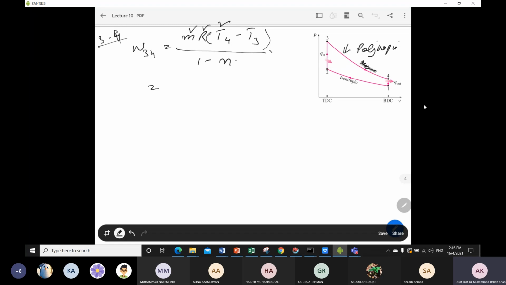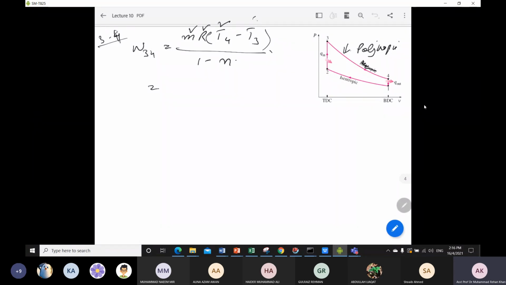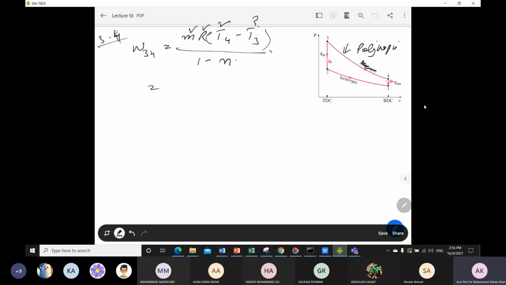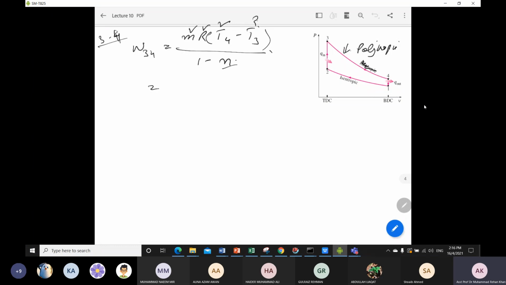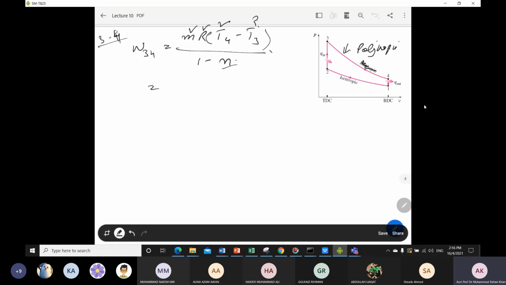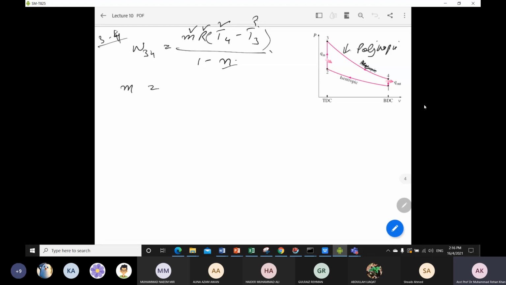T4 is mentioned in your question, because it is mentioned there that at the end of the polytropic expansion process your temperature is 800 Kelvin. So this comes from your problem statement. T3 we have to find out because it is unknown to us, and n is also mentioned in your question. So first we will start with finding the m.